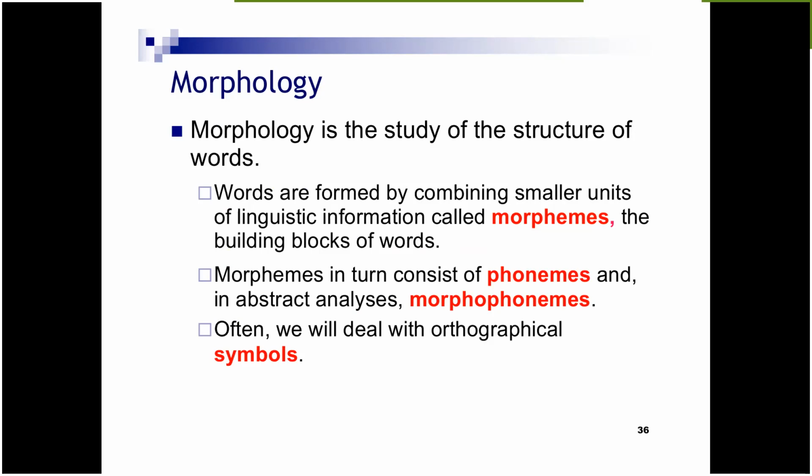And morphemes themselves might be made out of phonemes. I think these are the pronunciation of the different pieces of information you have in the morphemes. And then you end up going down and getting symbols, which are basically like characters.